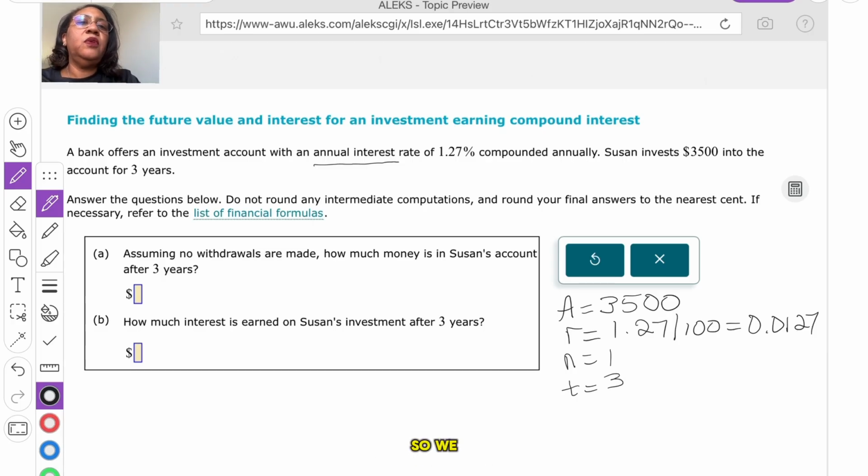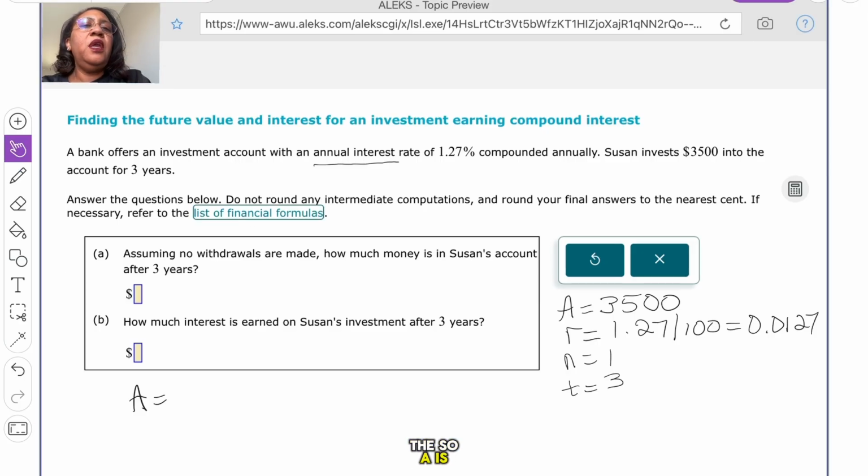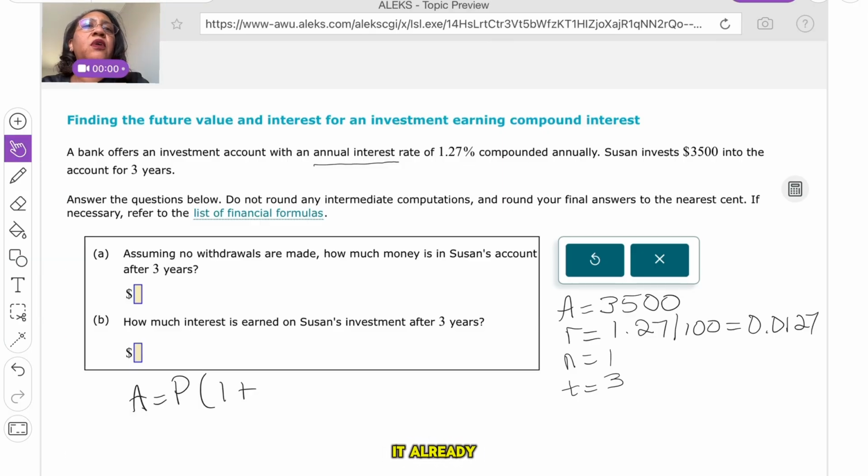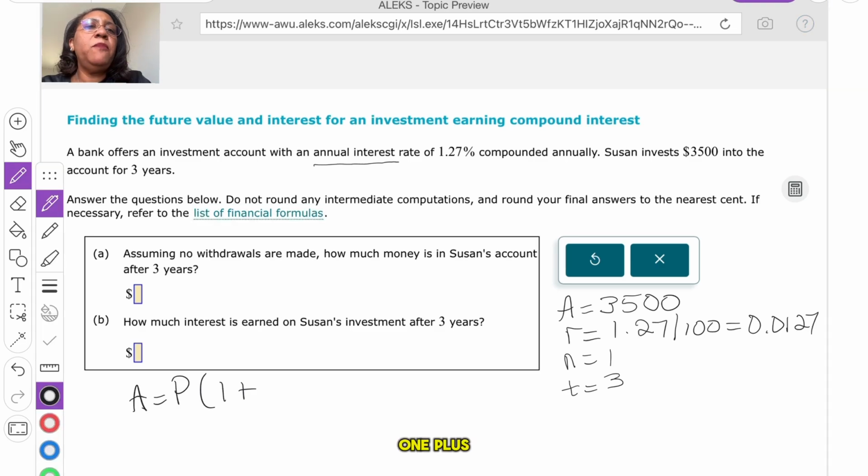So A is equal to the principal times 1 plus, oh, why do I forget it already? 1 plus R over N to the NT.